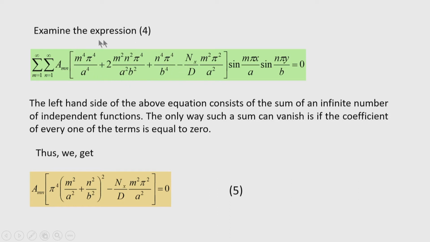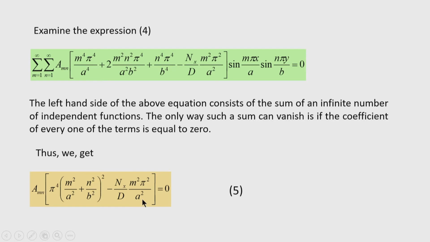These three terms can be combined to give a term, say (m²π²/a² + n²π²/b²) whole square, and if I take π² outside, then I will get π^4 here, and here it will be (m²/a² + n²/b²) whole square, and this term remains as it is, minus N_x m²π²/a².